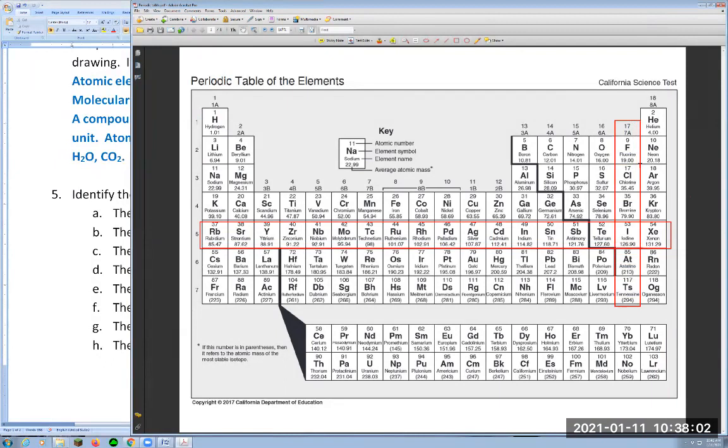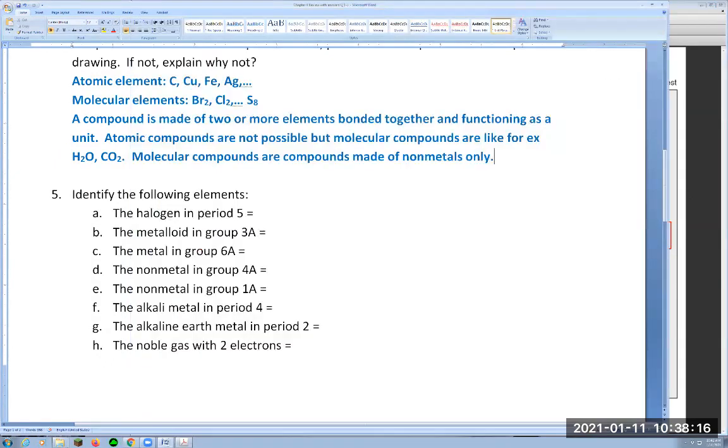So fluorine, chlorine, bromine, iodine, maybe astatine, these are considered the halogens, right? And so if you look at period 5, then the halogen is iodine. So here you will want to type iodine, I.